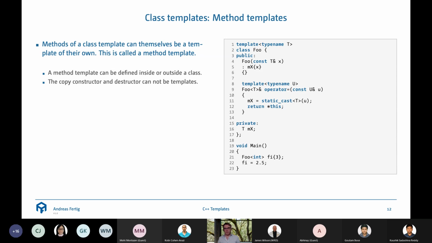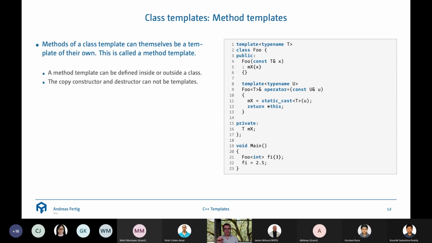And this can be very handy. The example below in line number 21 is I'm creating foo of type int, and I initialize it fi with 3.